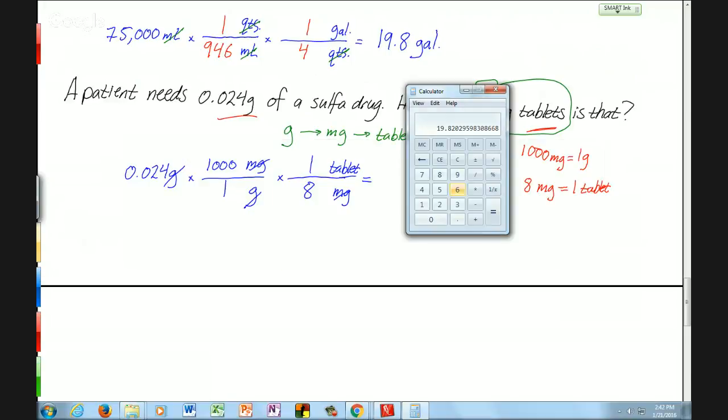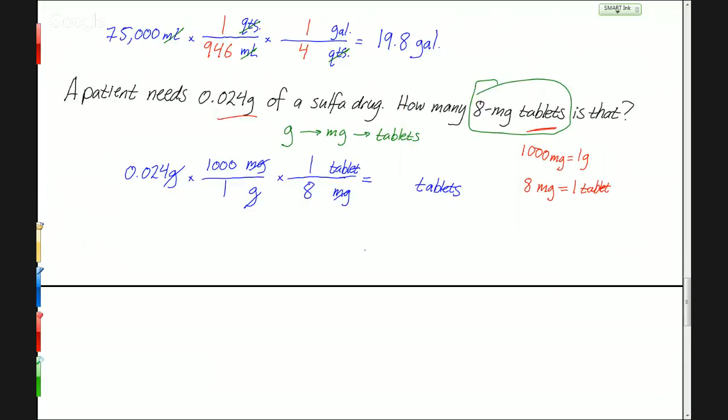So if I pull up that calculator again, multiply through on the top, divide by the bottom, 0.024 times 1,000 divided by 8. 3 tablets. Now, some of you may have seen that in a different way.